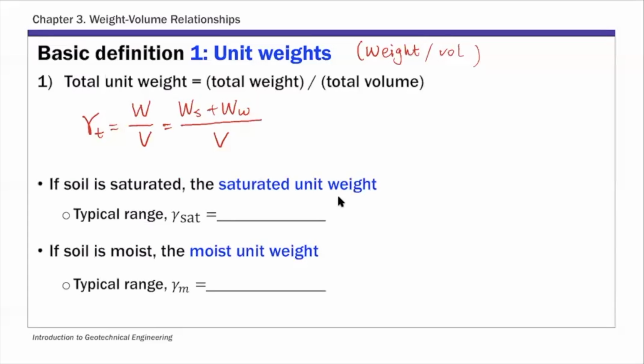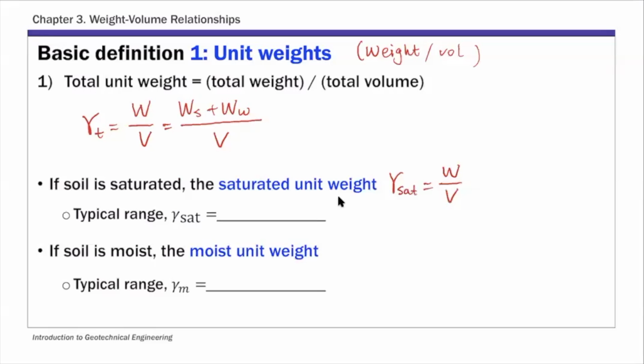And if soil is saturated, as I mentioned, all the voids are occupied by water. So the saturated unit weight we call gamma SAT, for saturated. And its definition is the same, total weight over total volume.